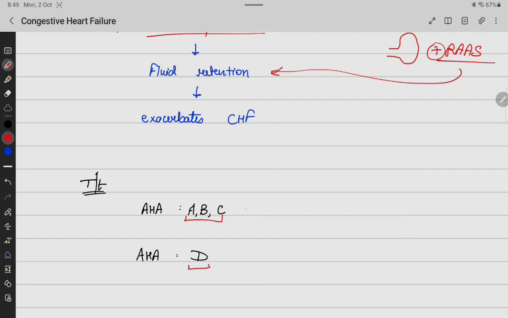Talking about treatment of heart failure, we have different guidelines for AHA class A, B, C and D. A, B, C all contain compensated heart failure, and D is for decompensated. For compensated heart failures, we give cardioprotective agents so that there is no further deterioration of the heart, right?